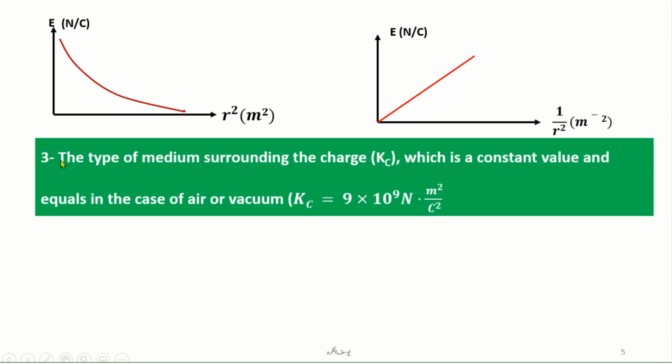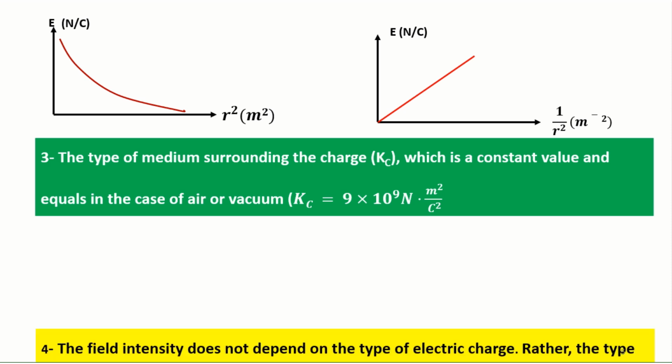Number 3, the type of medium surrounding the charge. Kc is a constant value, and in the case of air or vacuum, we consider air or vacuum the same. Kc equals 9 multiplied by 10 to the power 9 Newton meter square upon Coulomb square.